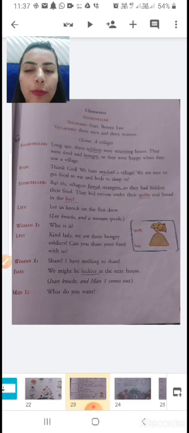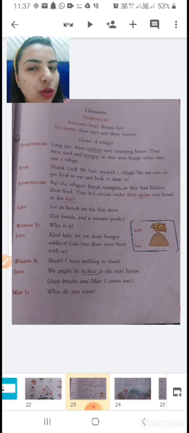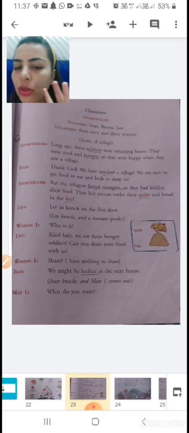Can you share your food with us?" He is saying that we are very hungry and we are 3 persons. So that woman replies, "Share? I have nothing to share."